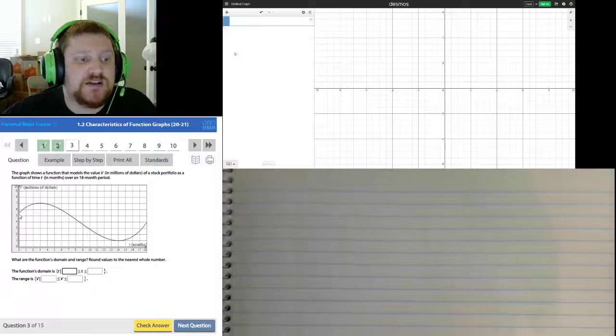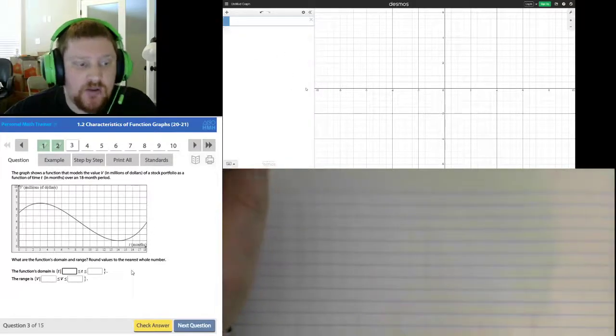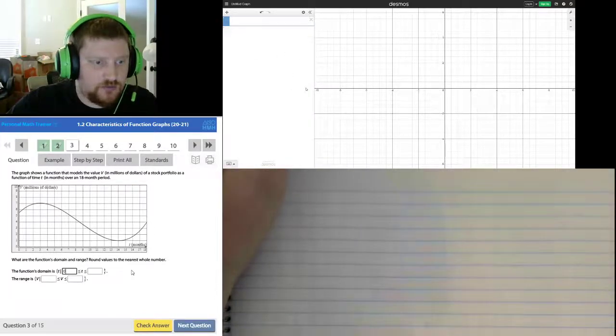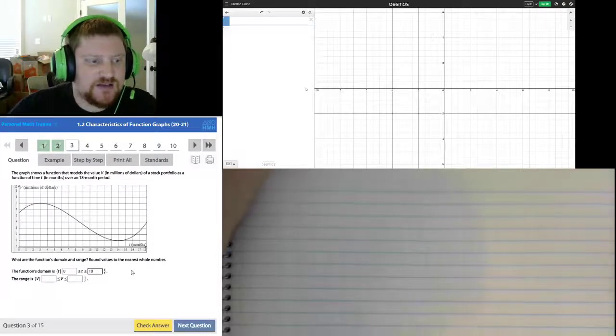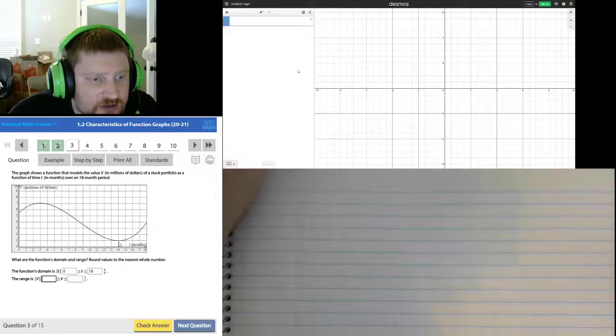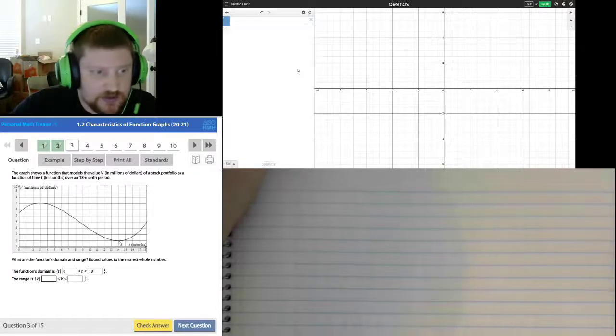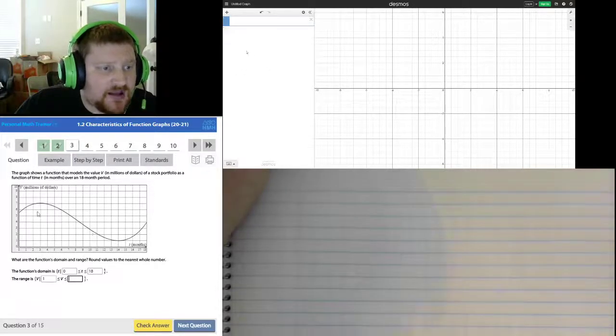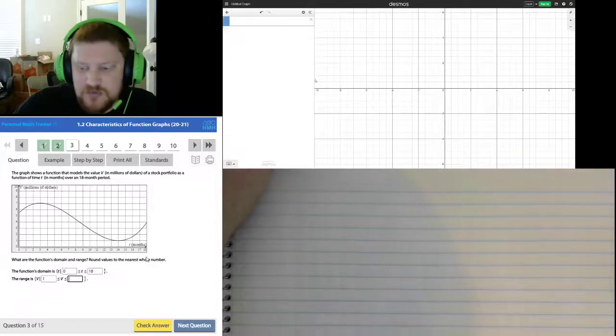Well, domain is easy. We start at 0 and we're going to 18 months. So domain is 0 to 18. Range is, it looks like the lowest we have is 1, but it does look like it touches. And the highest appears to be just over 7, but they want us to round to the nearest whole number, meaning 7.